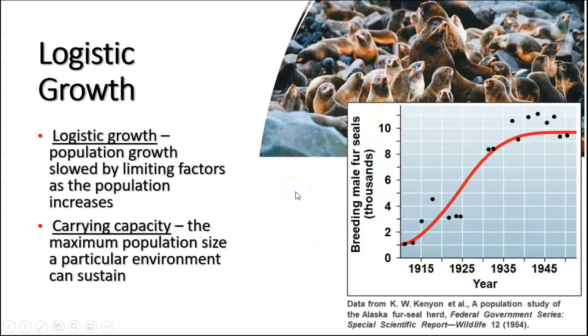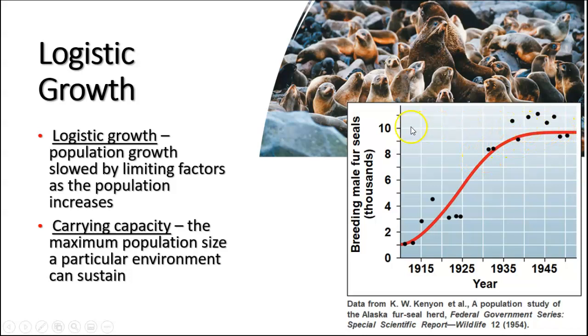Logistic growth is when population growth slows down by limiting factors as the population increases. What generally happens is the population growth slows down at a point where something is limiting, whether it's space, as in the case of the seals you see here, where there's not a lot of space for them in this particular area, or the amount of food or whatever. You'll see that the population growth slows down.